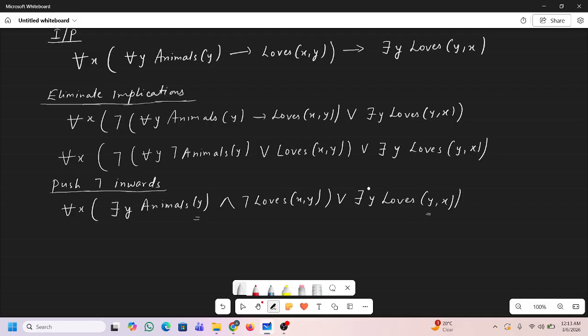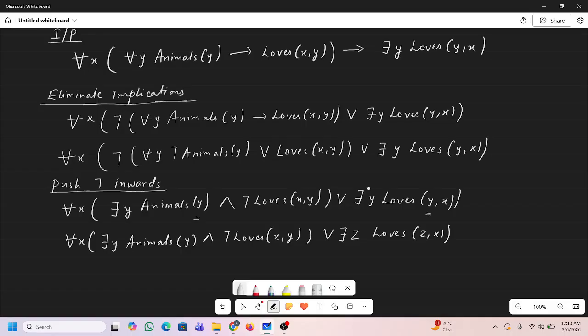So what I will do here is for all x there exists y, animals y, for all loves x comma y, for all negation of z loves z comma x.